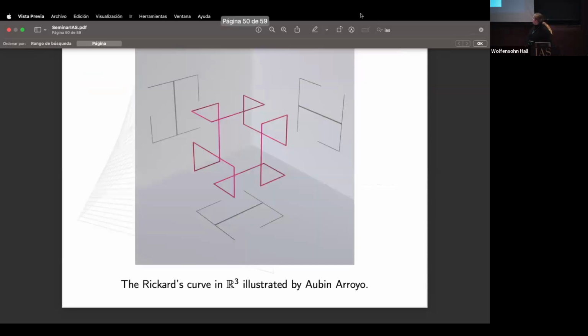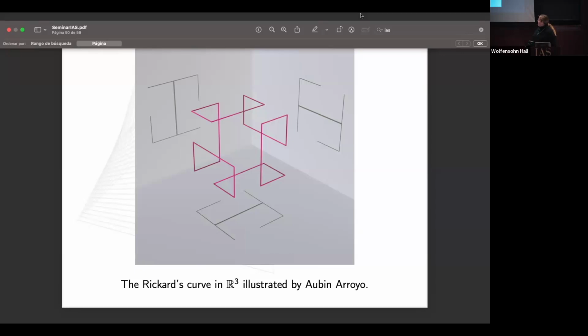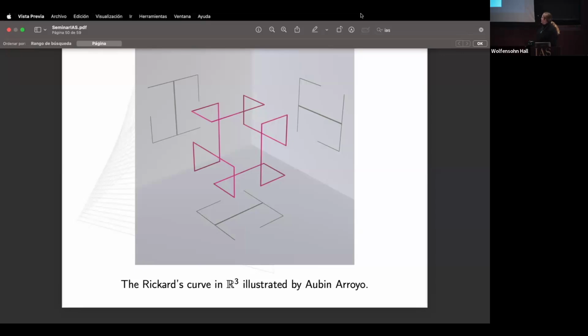We have, for example, this so-called Ricard's curve, this pink object, and we can see that there are three directions where the image is a tree. But to embed this object in a tropical curve, you need a degree, I think between 10 and 20 or something like that. Once I calculated, but I don't remember. But we don't have this result in general, that it collapses in at most two.